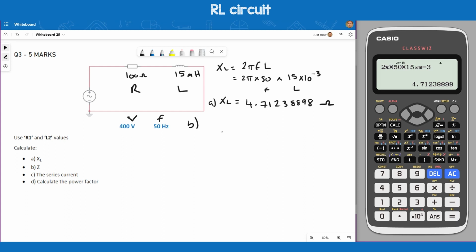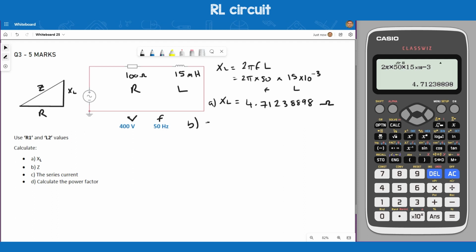Part B is the impedance. So we have resistance on the x-axis, inductive reactance on the y-axis, and the impedance Z is the hypotenuse. So we use Pythagoras for this.